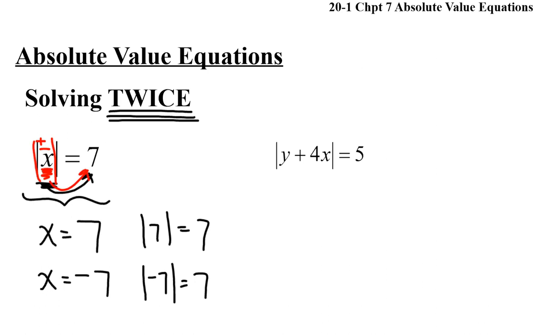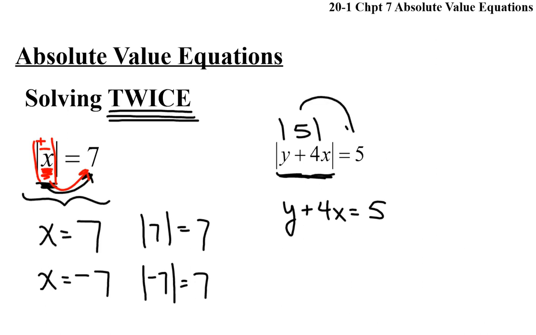So if we take a look at what's beside here, a little bit more involved, we know that to get an answer of 5, our y plus 4x could equal positive 5. If this all equaled 5, well, the absolute of 5 is 5. However, what else could y plus 4x equal?